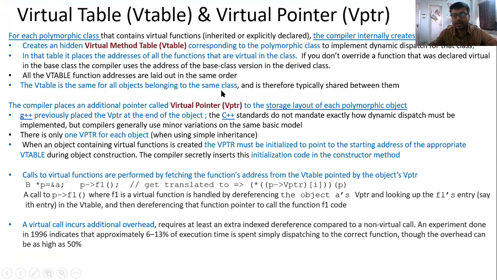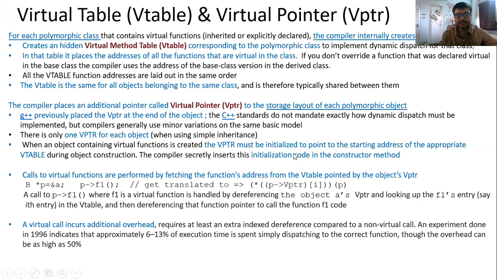In the last slide, we found that two objects of class type D share the same virtual table, and there is a VPTR which is a part of all objects that we create of polymorphic type, and there's initialization code in the constructor which initializes the VPTR to the vtable's address.